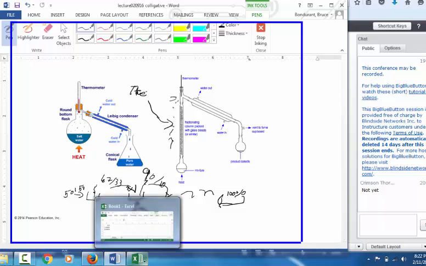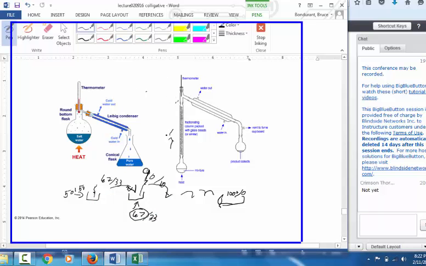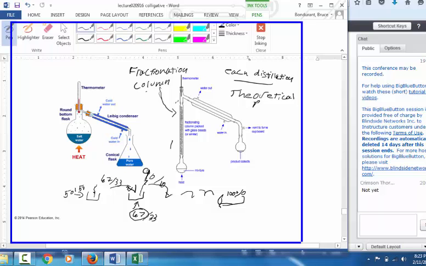So let me just label this as a fractionation column. Each distillation is a theoretical plate.